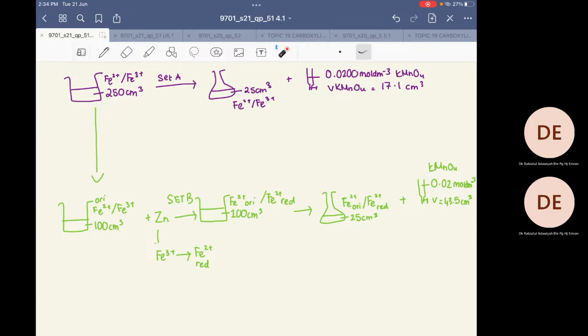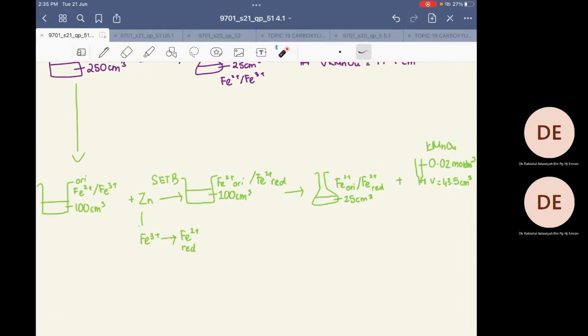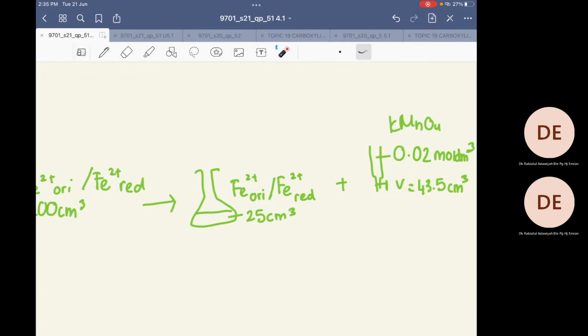So calculate the mass. I don't know anything about Fe2+. Now, bear in mind, both Fe2+ ori and Fe2+ reduced will react with the potassium manganate, okay, because they are Fe2+, so they all will react. But I don't know anything about Fe2+ or Fe3+.